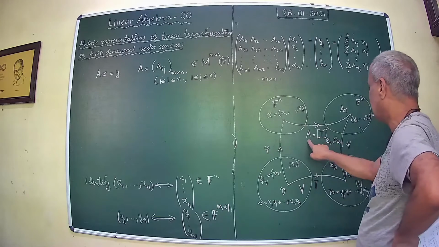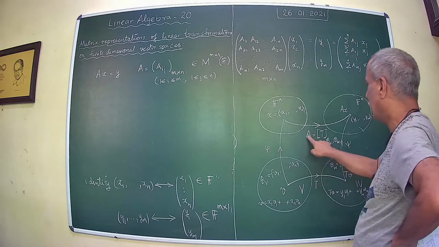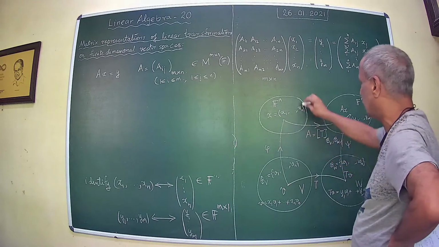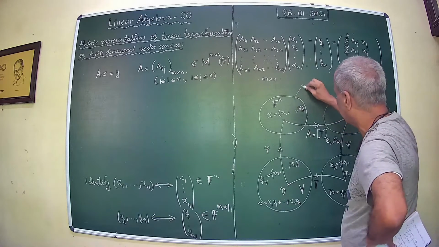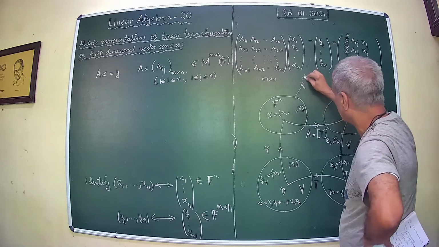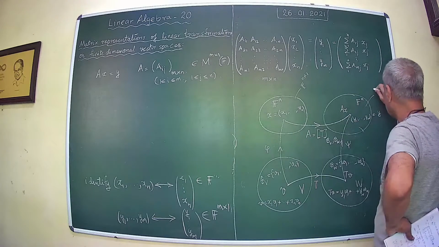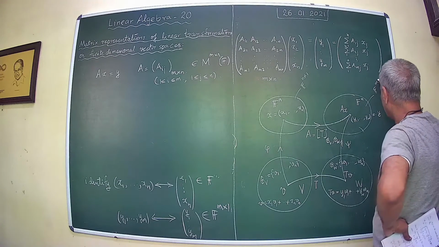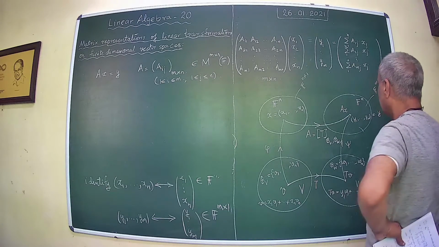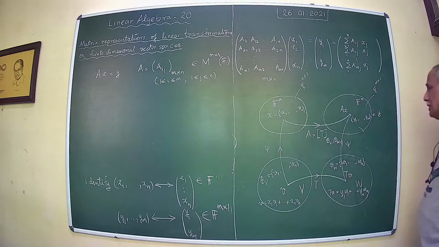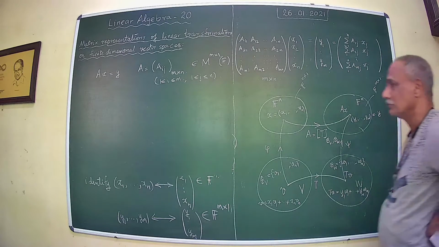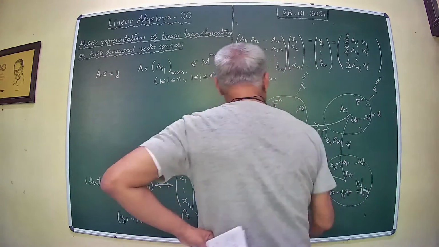Now this is denoted by A, and if we use the column representation or identify this with F n cross 1 and this with F m cross 1, then you see that this is merely your matrix multiplication that you are talking about. Okay, so this is a map.